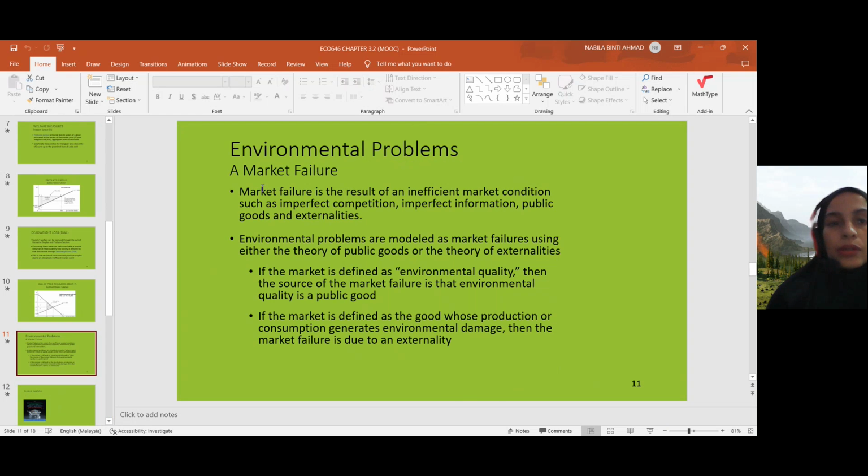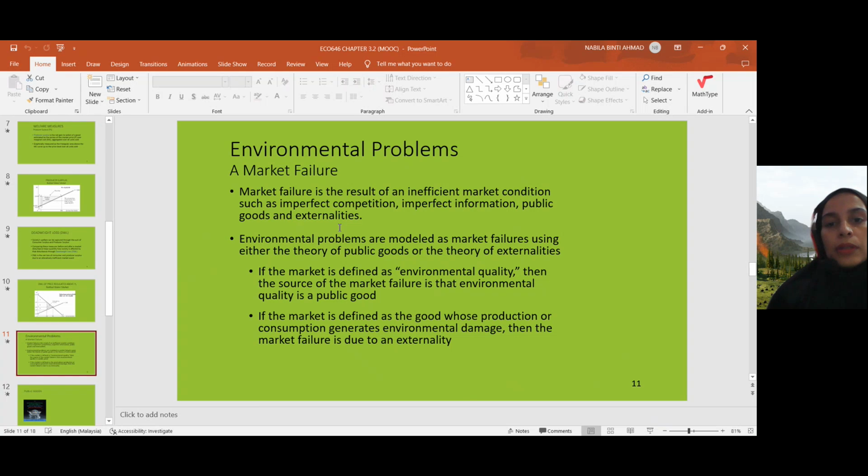And so we also face the environmental problem. So we will face market failure, right? Market failure is the result of an inefficient market condition, such as imperfect competition, imperfect information, public good and externalities.